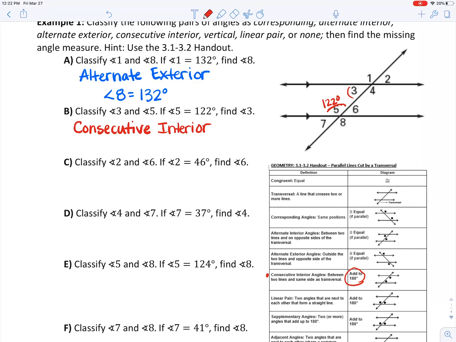So that means that angle 5 plus angle 3 is 180 degrees. Well, since we already know that angle 5 is 122, that means that we have 122 degrees plus angle 3 is equal to 180. So solving for angle 3, we would subtract, and angle 3 is going to be equal to 58 degrees.